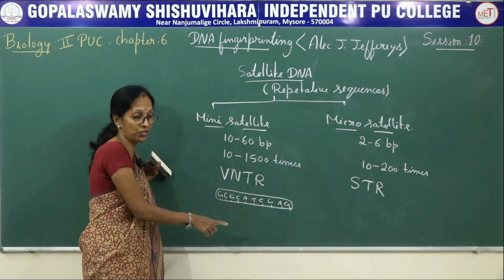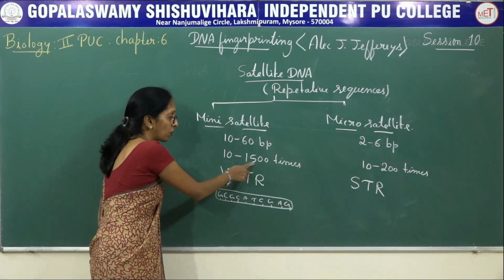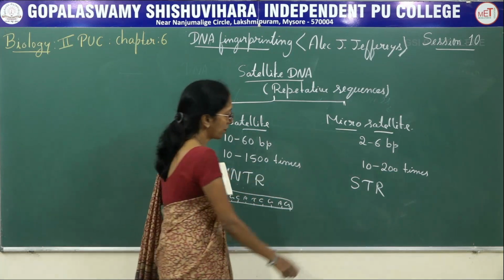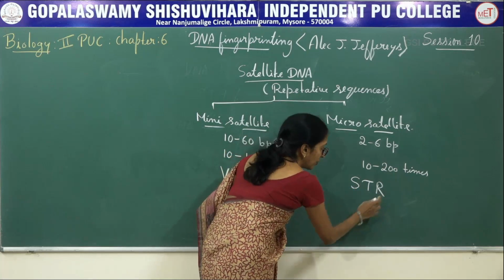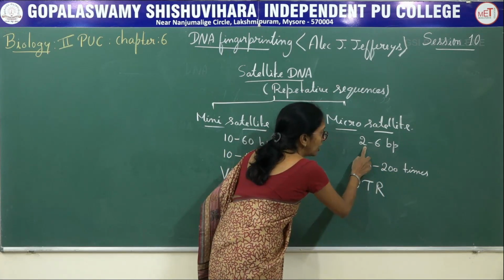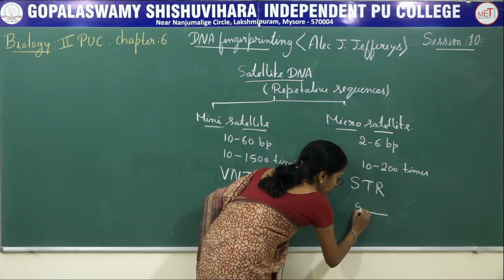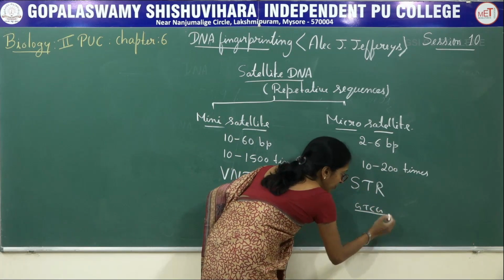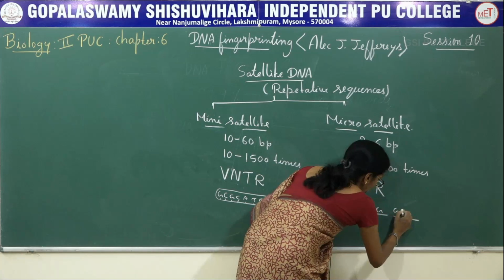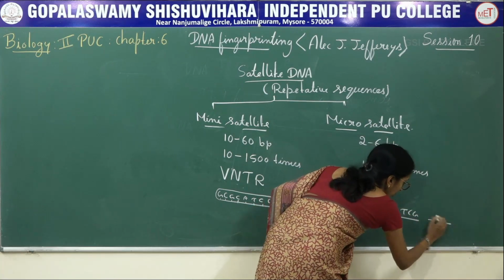It may repeat from 10 to 1500 times. Here, short tandem repeats consist of only 2 to 6 base pairs. For example, G, T, C, G, like that, G, T, C, G, same thing.